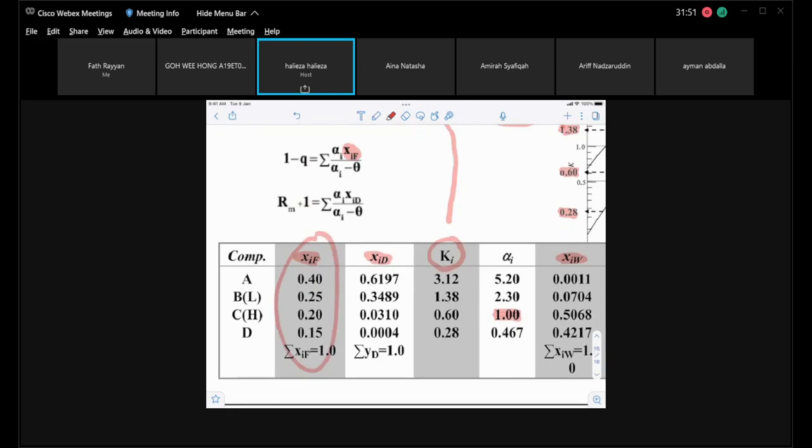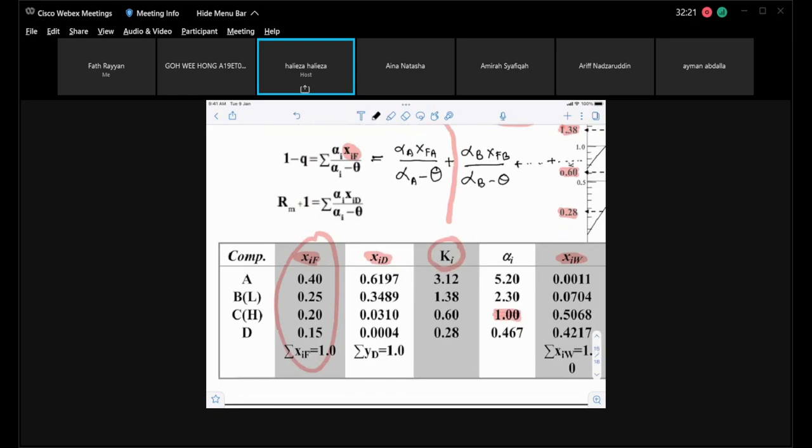So that means I have, equals, component A: alpha A, x_F,A over alpha A minus theta, plus alpha B, x_F,B over alpha B minus theta, and I do this for the rest of them until I get to the last component.